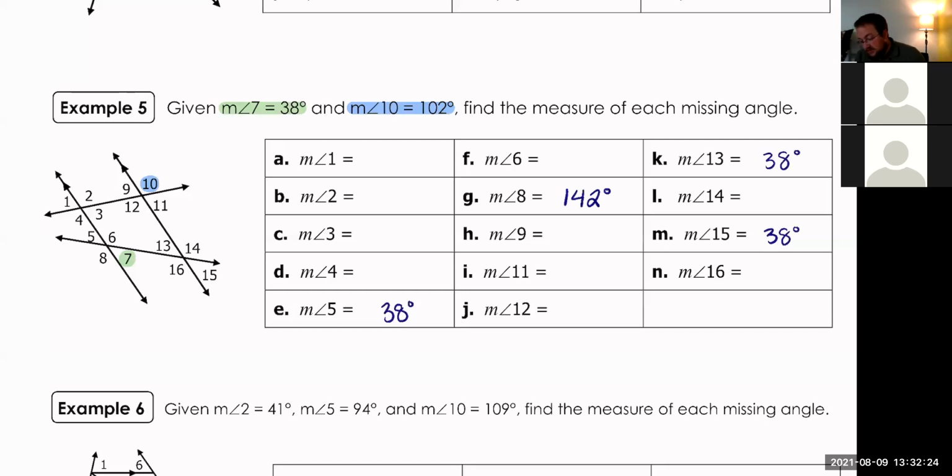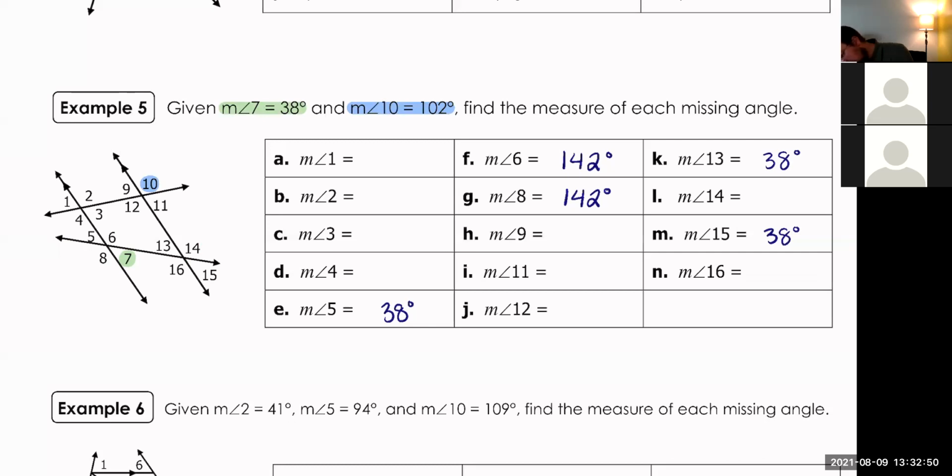But could we then say angles 8 and 6 are vertical? They share the same vertex, opening opposite directions. So angle 6 should also be 142. And then again, notice I'm really kind of hanging on to this bottom transversal here. I'm knocking those all out all at once. What if I said then angle 6 and 14 are corresponding?